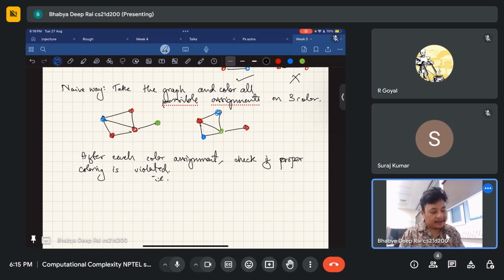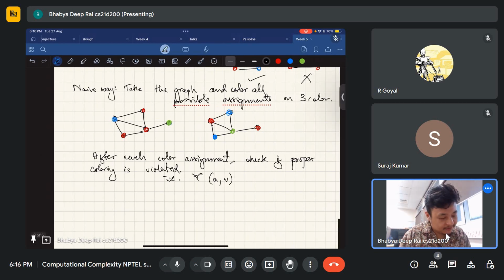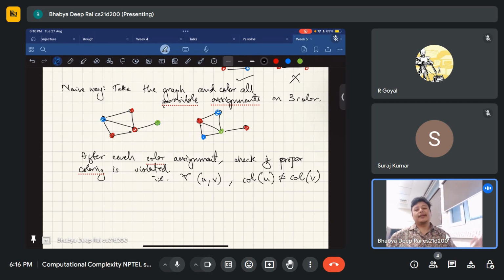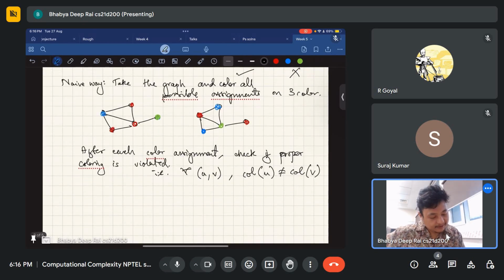What does that mean? After I put one color on one vertex and another color on another vertex, I check that for all edges UV, the color of U is not equal to the color of V. I check this across everything, and if yes, then output yes, otherwise no. So this is the simple algorithm.